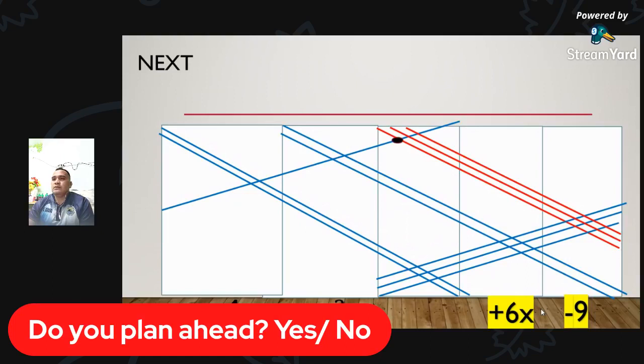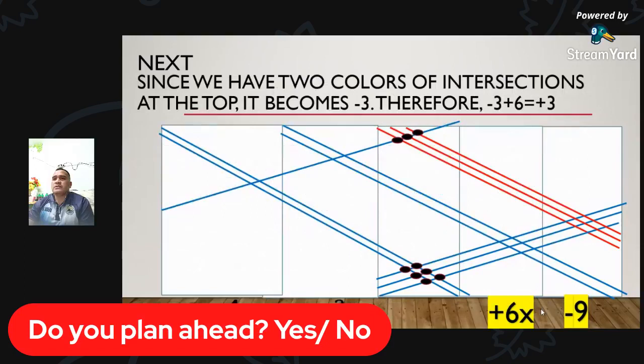Now, let's count. 1, 2, 3. The two colors are different, so negative. Let's try at the bottom. 1, 2, 3, 4, 5, 6. Since we had two colors of intersection at the top, it becomes negative 3. Therefore, negative 3 plus 6 equals positive 3, so our answer is positive 3x squared.